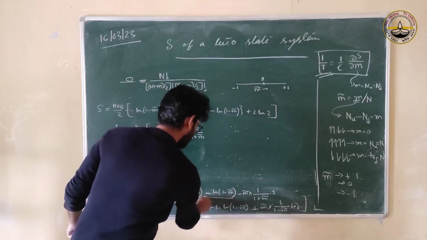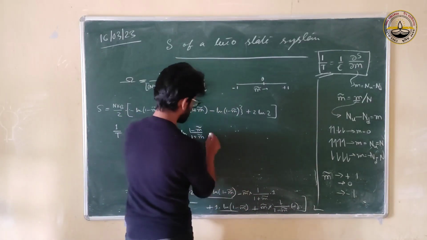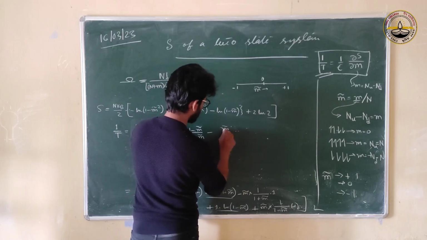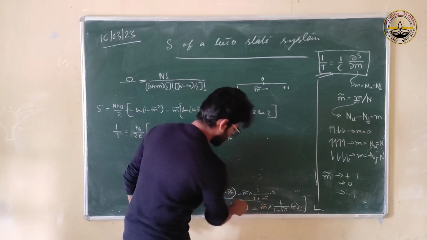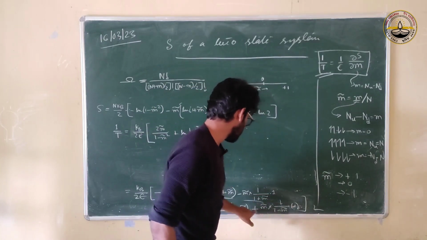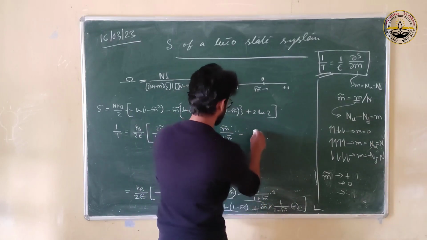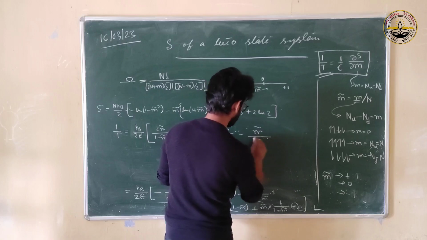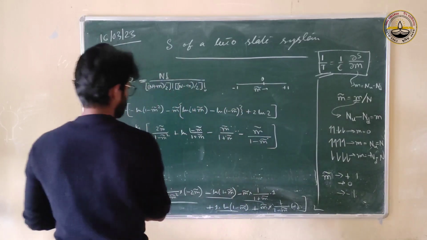Okay, so this and this are done. Let's deal with this thing. So this is simply m tilde divided by 1 plus m tilde. Okay, we did that. Here we have plus and minus minus, so minus again, same, m tilde divided by 1 minus m tilde. So that's it.